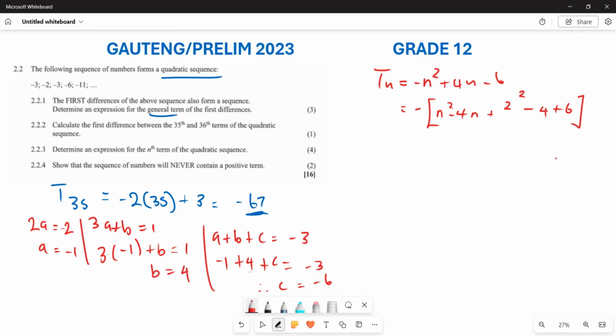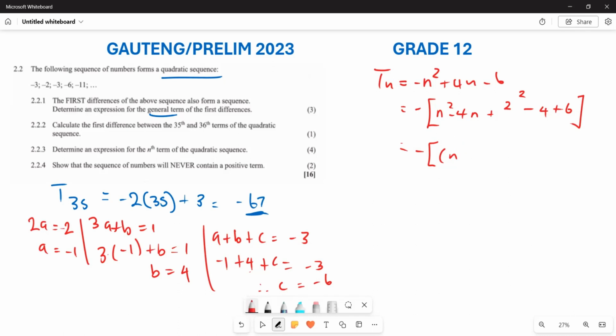Remember, this plus 2 squared subtract 4 is still going to give you 0, right? When you say plus 4 minus 4, it still gives you 0, which means this is still the same thing. So now this is going to be negative again, into your n squared. Let's say we remove the n squared.